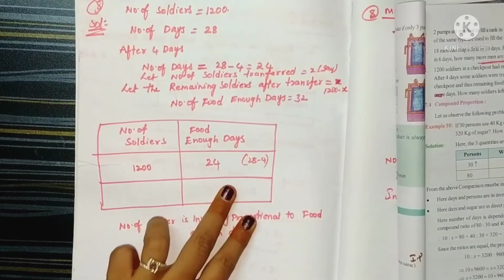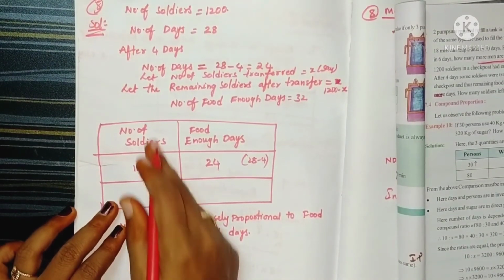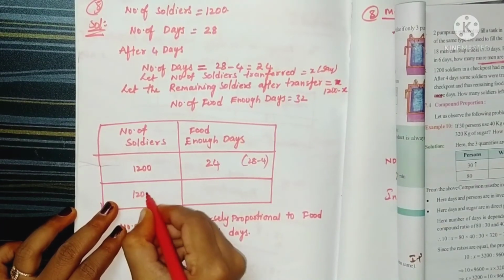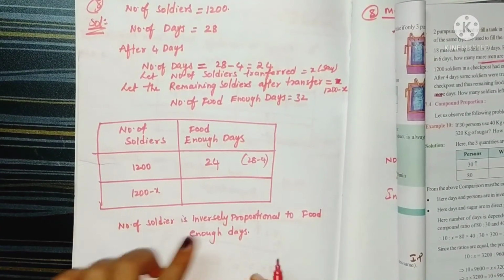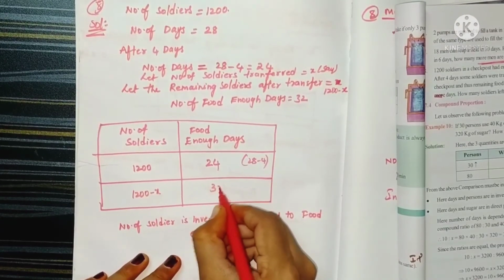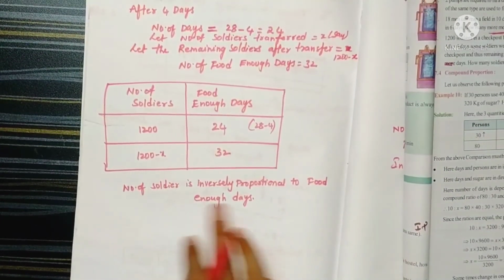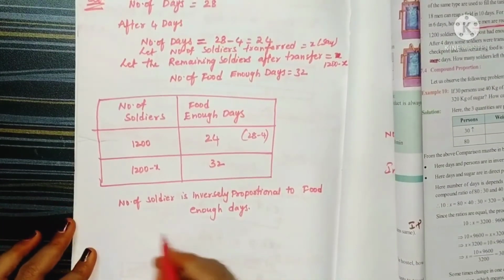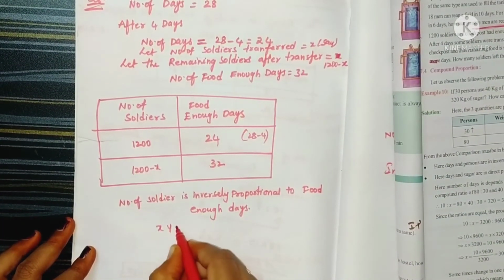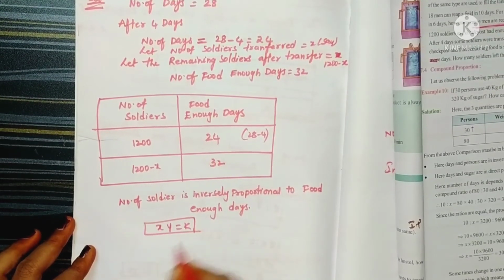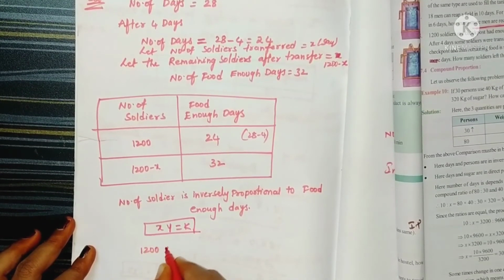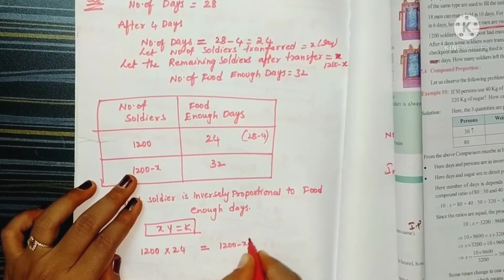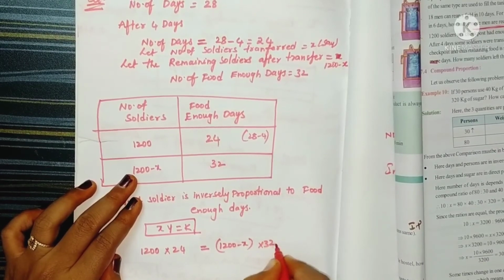Now the remaining number of soldiers is 1200 minus X, food for 32 days. So the number of soldiers is inversely proportional to the number of days of food. Inversely proportional means xy equals k. So 1200 into 24 is equal to 1200 minus x into 32.